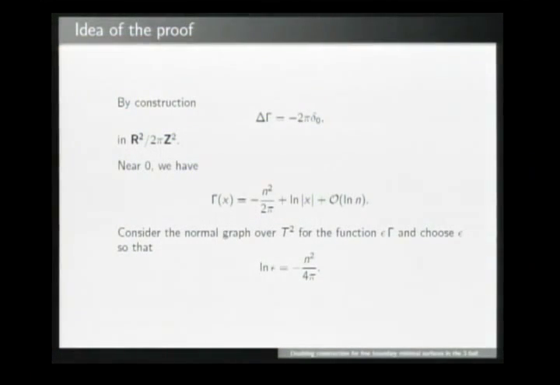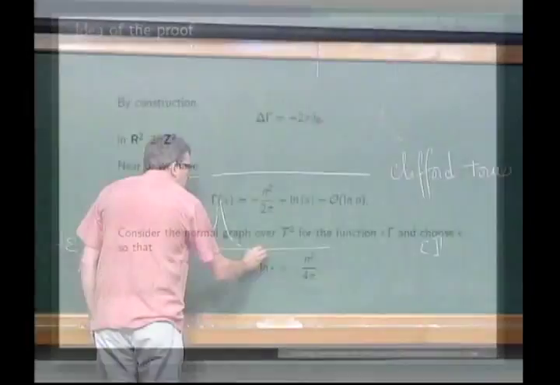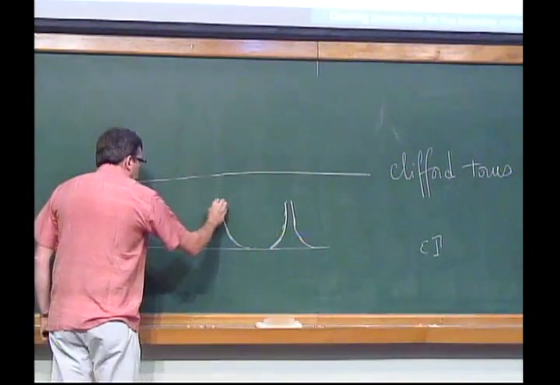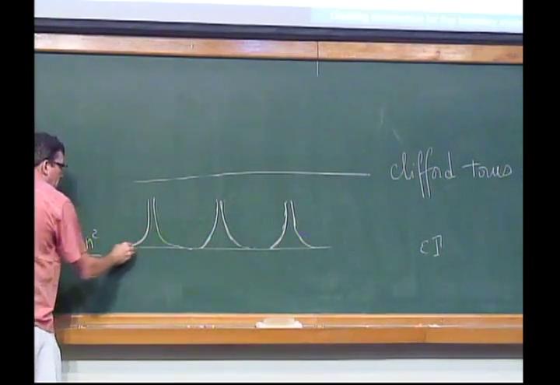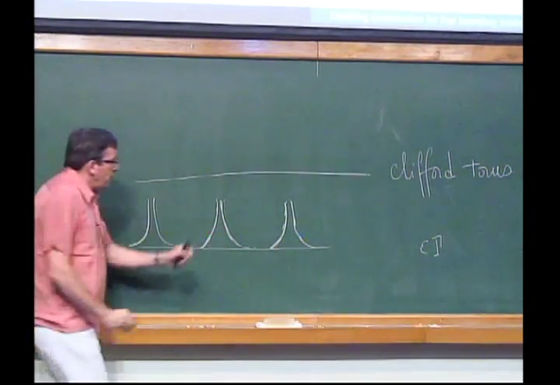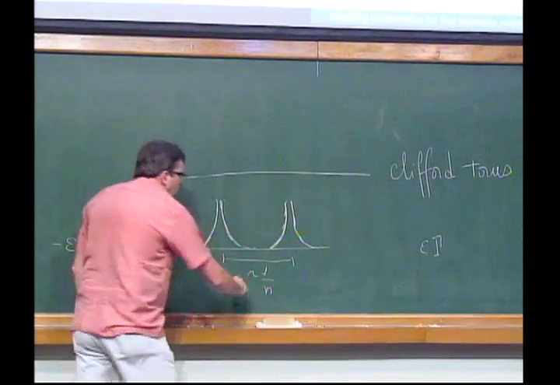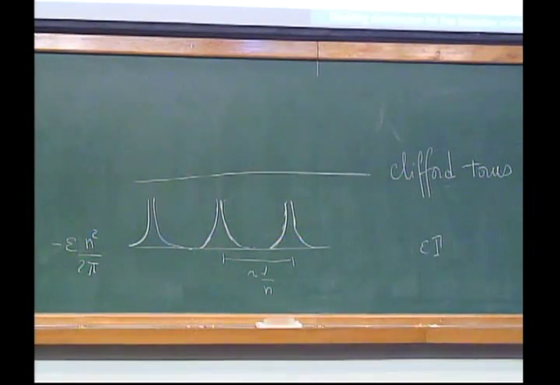So the graph over this will have singularities evenly spaced, like this, log type singularities, and the distance between two singularities is like 2 pi over n, so it's 1 over n.